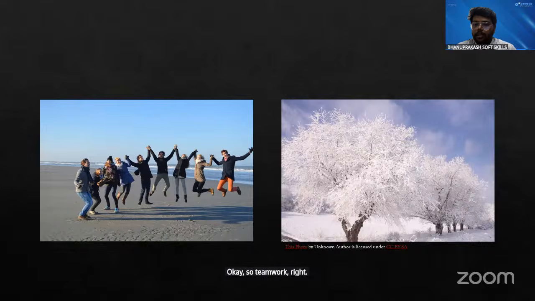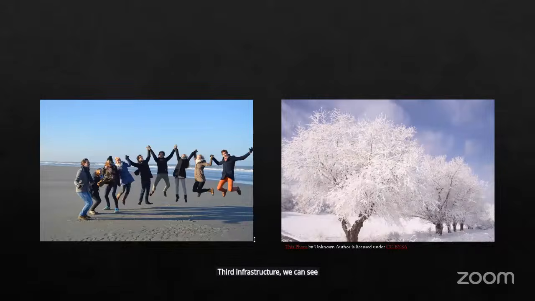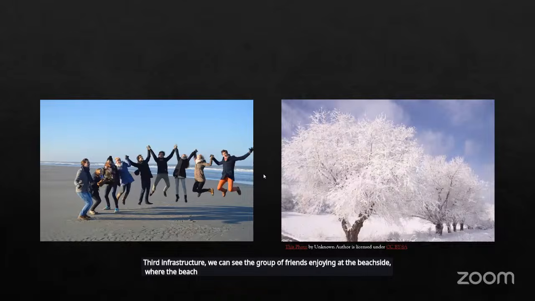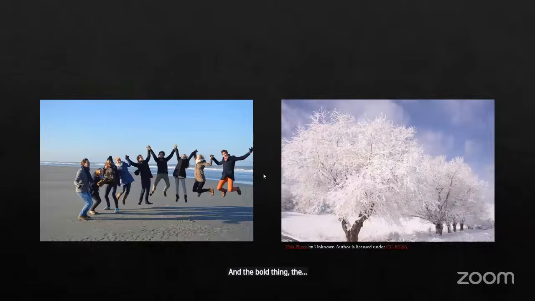Yes, Swini. Here in the first picture, we can see a group of friends enjoying at the beach side, where the beach represents confidence and boldness, where the people are experiencing very much enjoyment.